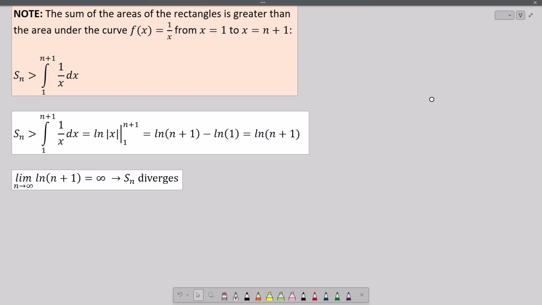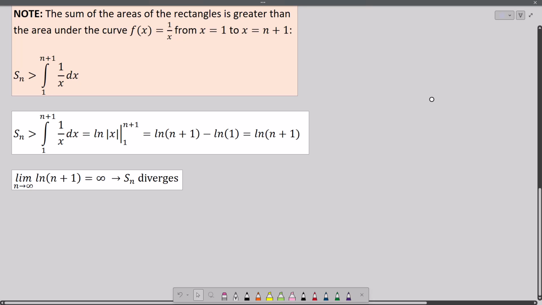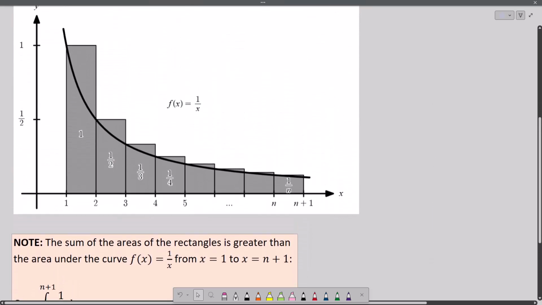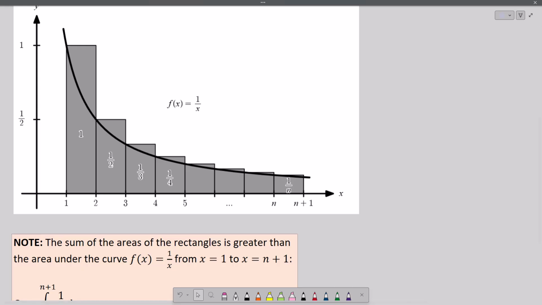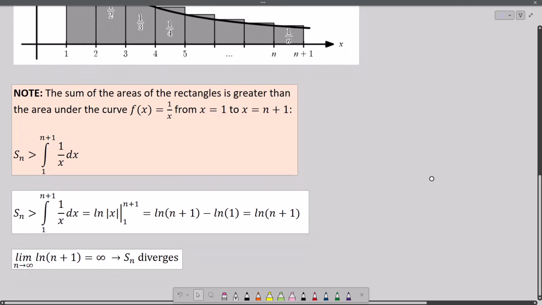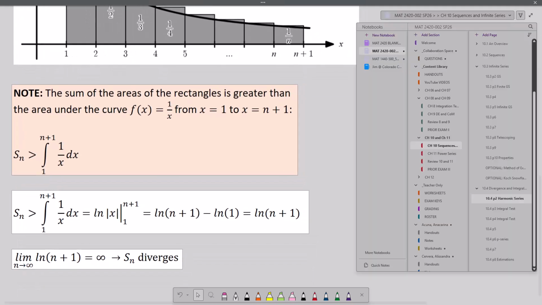To find the series sum, you take the limit of S sub n. If the limit of S sub n is infinite, then the series is infinite, it diverges. So that proves to us that the harmonic series diverges. That's our logic there: S sub n does not converge, so therefore the series diverges.